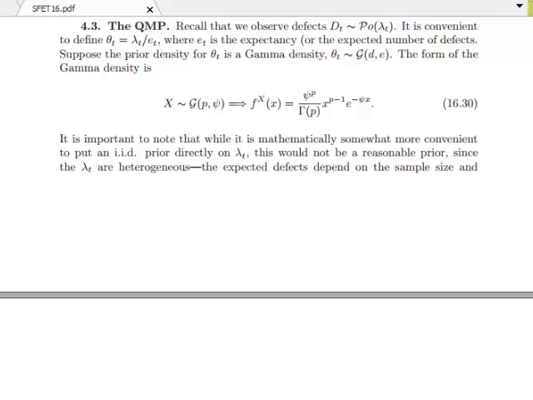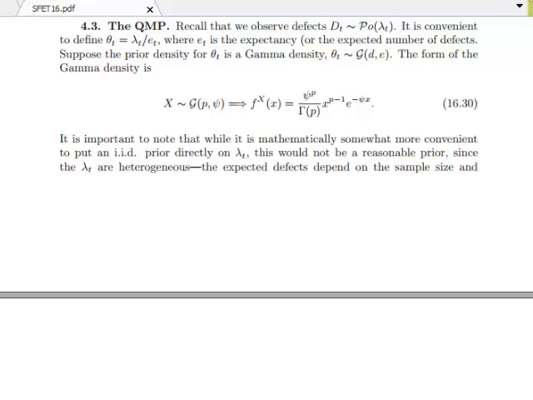Now it turns out that it's more convenient to put the prior on E, the expectancy, rather than lambda itself, because lambdas are heterogeneous. Different processes have different expectancies. The lambdas are different for different processes, but the expectancies are more uniform.